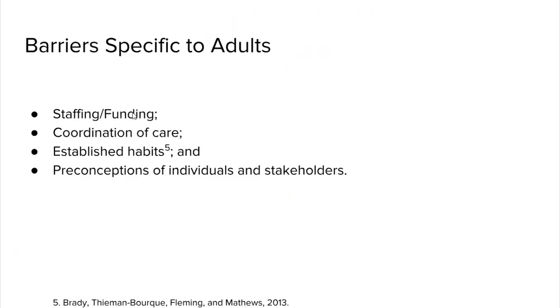They may have been staffed 2-to-1 in one setting, and then they're at another setting where there's one provider for eight individuals, and the likelihood that that person is able to provide the level of support the individual may need with their AAC can be really, really difficult.